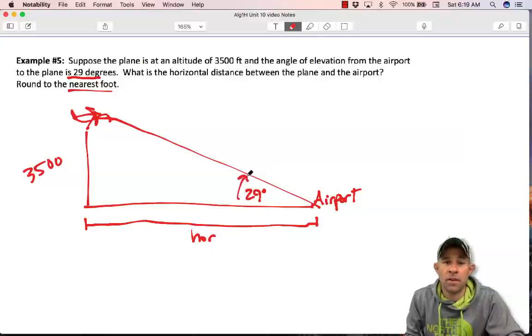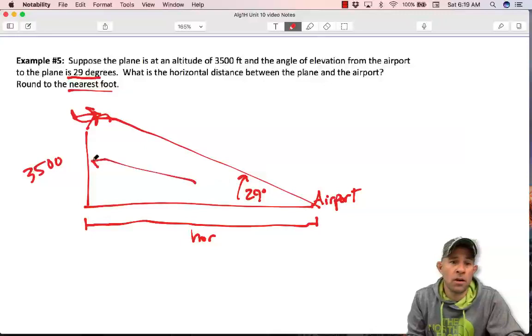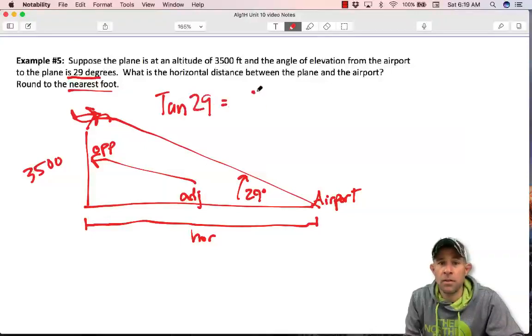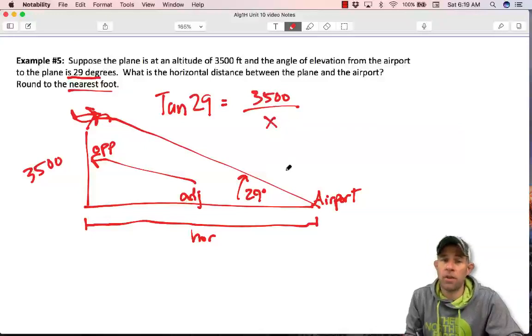We have this angle of elevation, we know our opposite, and we're looking for our adjacent. So this is going back to SOHCAHTOA. Opposite and adjacent is going to apply the tangent ratio. So I'm going to say the tangent of my angle measure is equal to my opposite over my adjacent, which is what I'm trying to find. So from here, you guys know how to solve this. We're going to multiply both sides through by x.